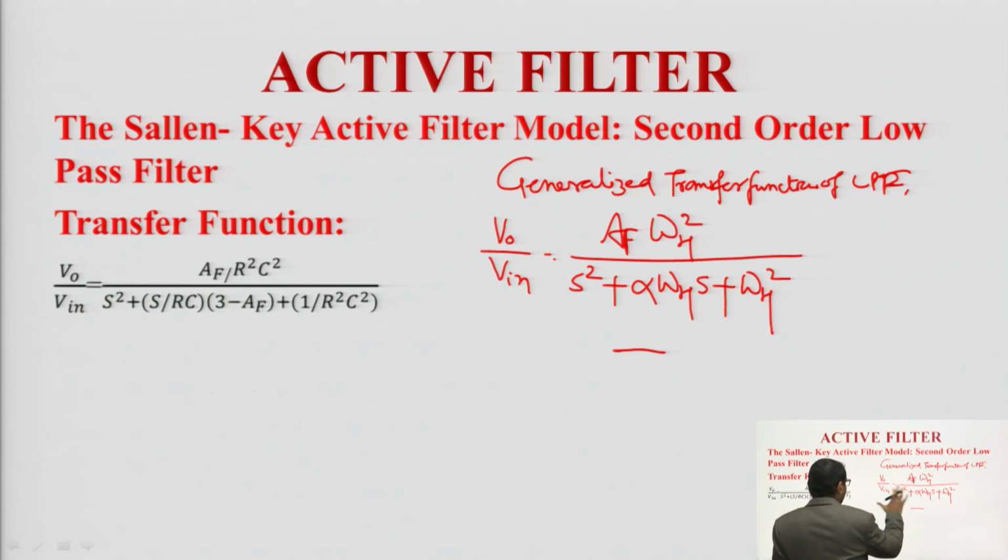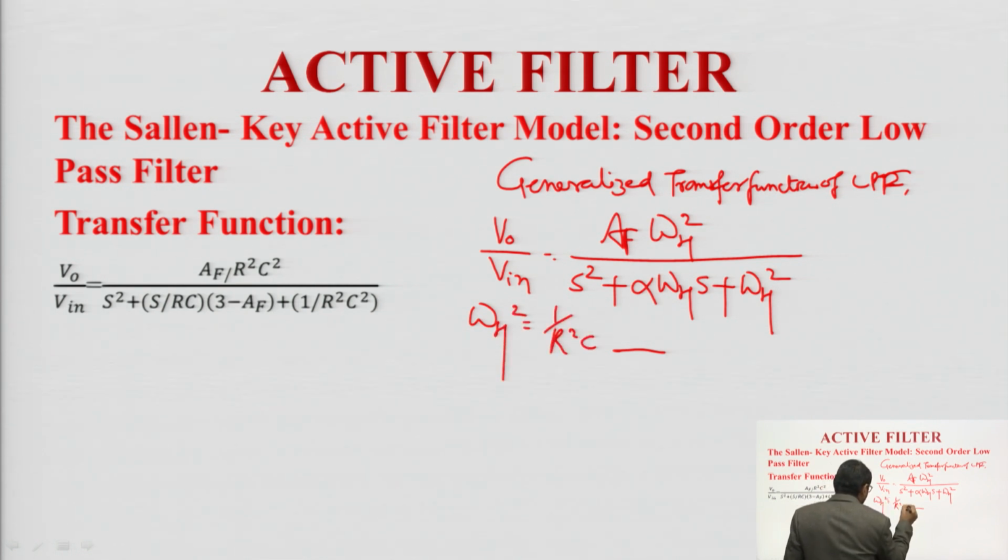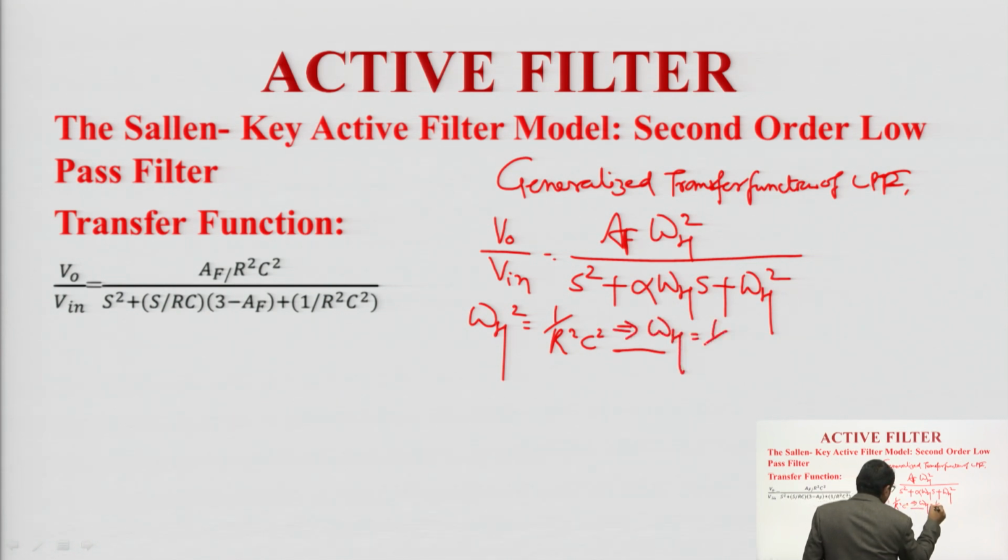So, if we compare these two equations, we get omega_H square is equal to 1 upon R square C square, or simply omega_H equal to 1 upon RC radian per second.